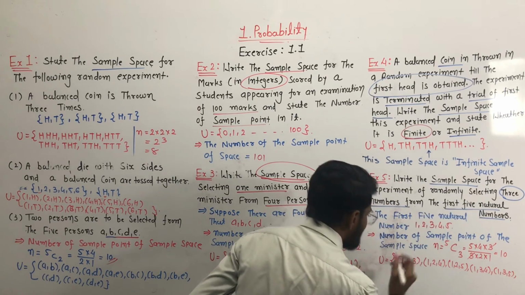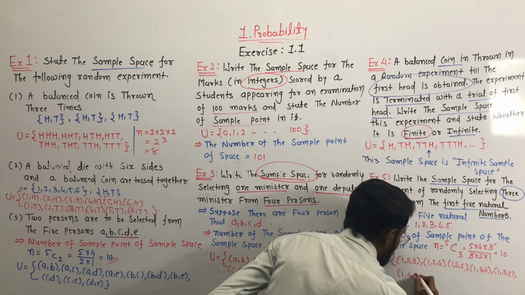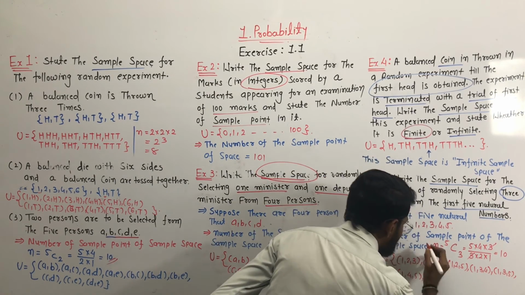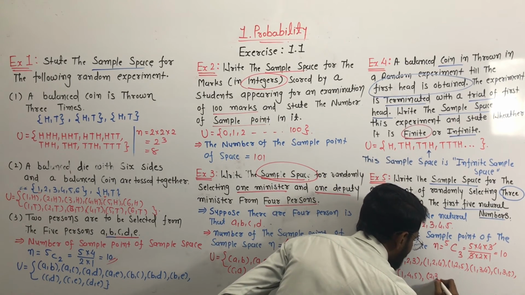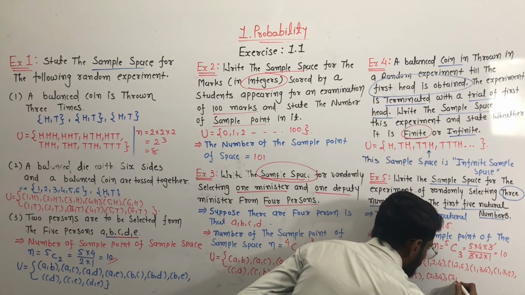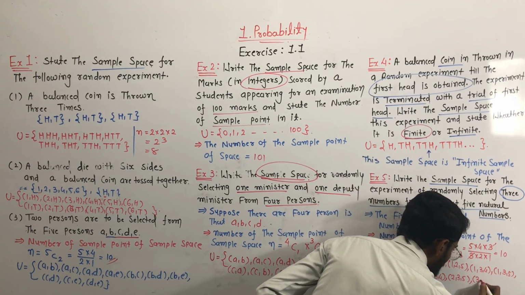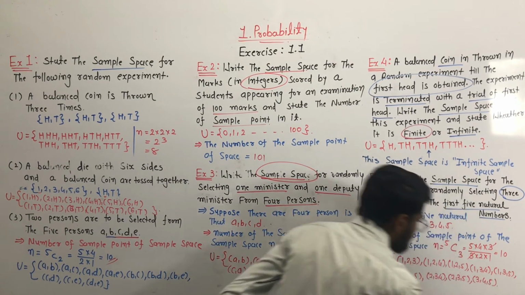If we select 1 4 5, and we can select 2 3 4, and we can select 2 3 5, and we can select 3 4 5 also. So this is our sample space.